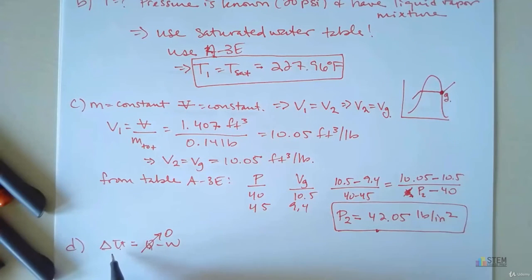Now this leaves us with delta U equals negative work. Now delta U, this capital U, is not found in the table. So we want to have the mass times specific internal energy at state 2 minus specific internal energy at state 1. And that's going to equal negative W.